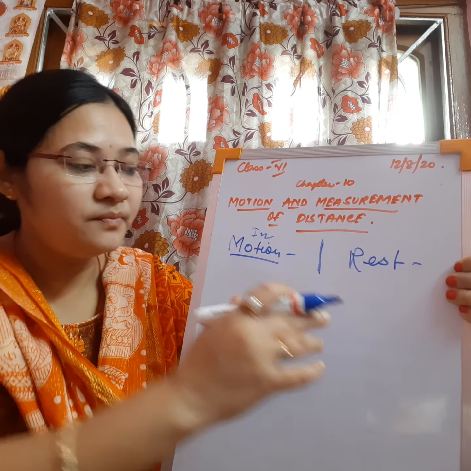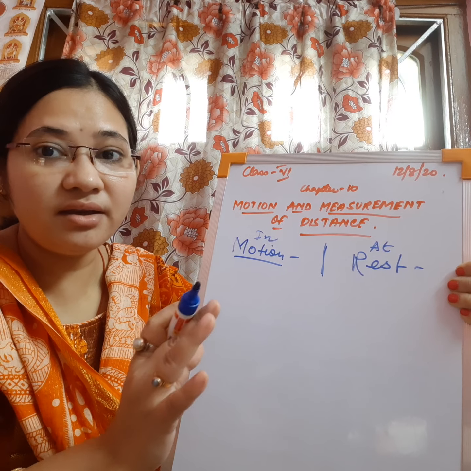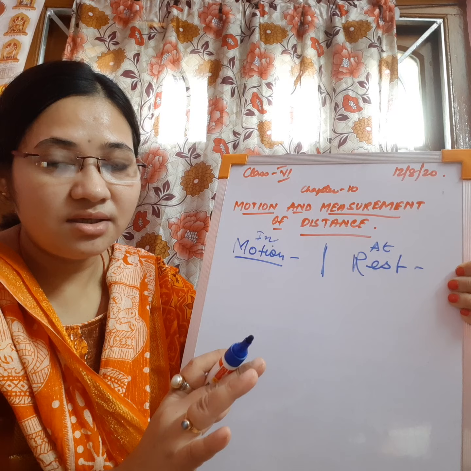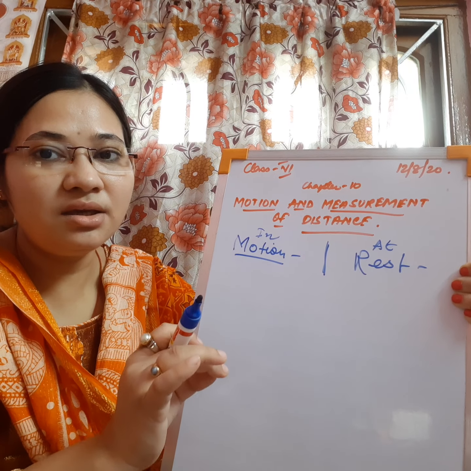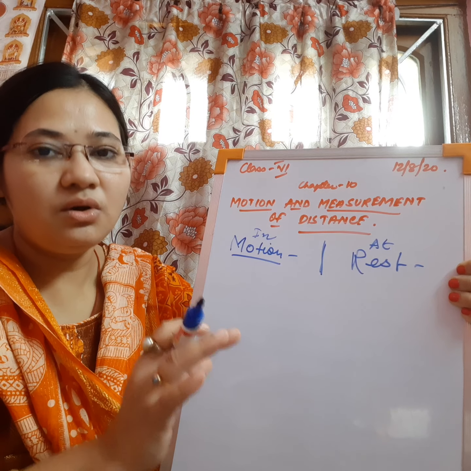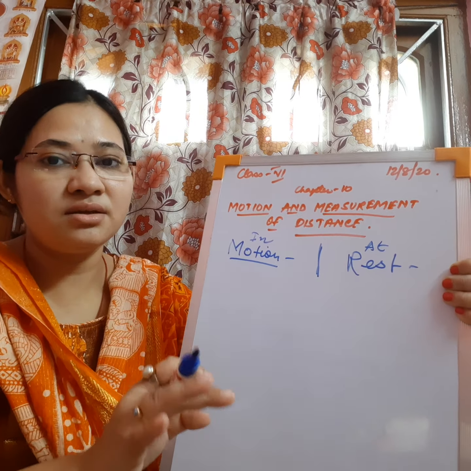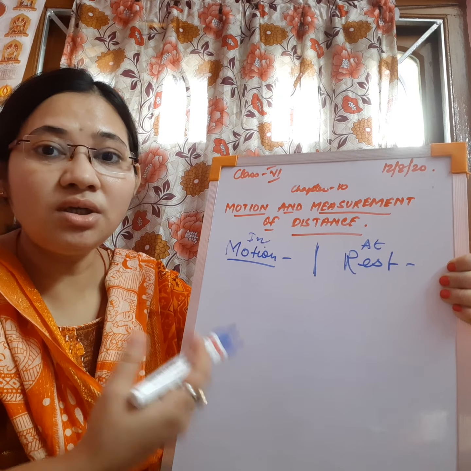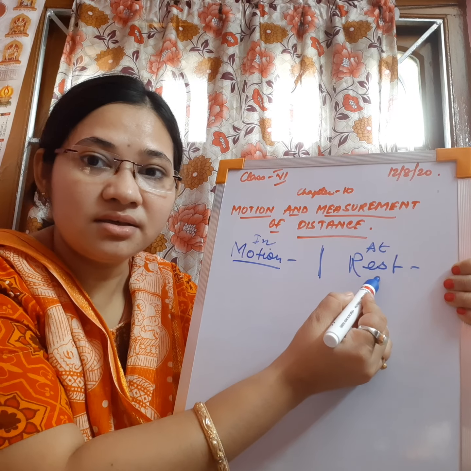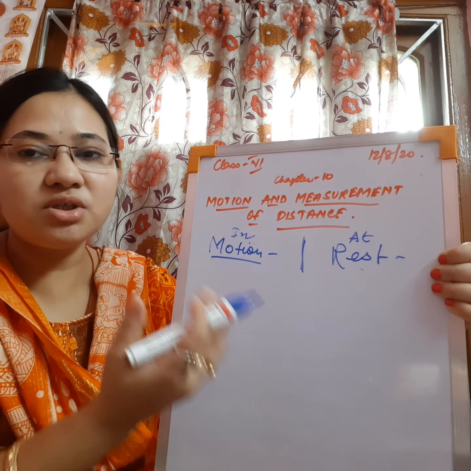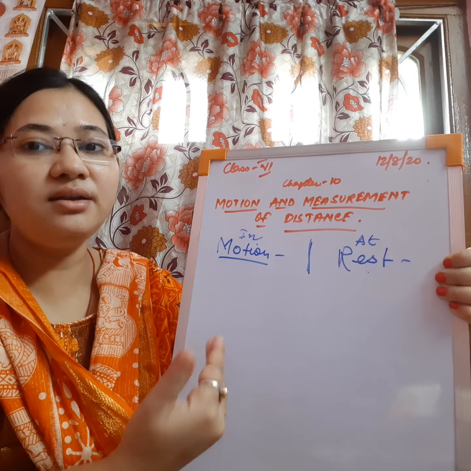A body is at rest when it is stagnant in one place, for example a tree, a bird simply sitting on a branch of a tree, or you sitting inside your classroom. That means with respect to time and surrounding, the position of your body is not changing, but in case of motion, the position of the body changes. That is the difference between motion and rest.